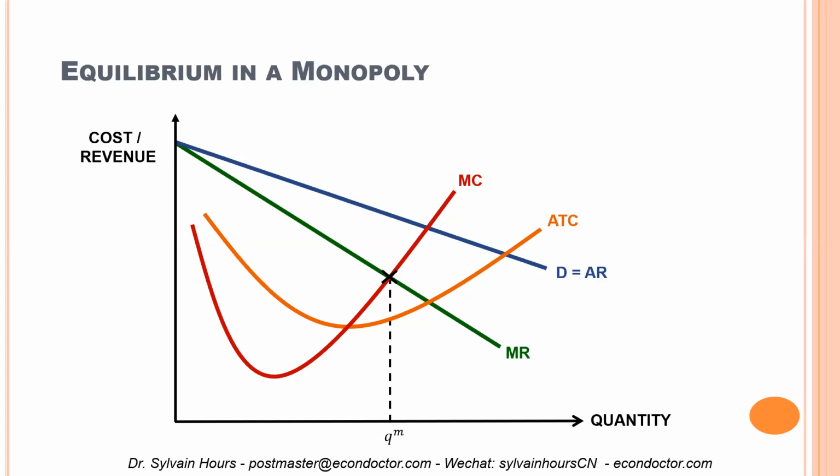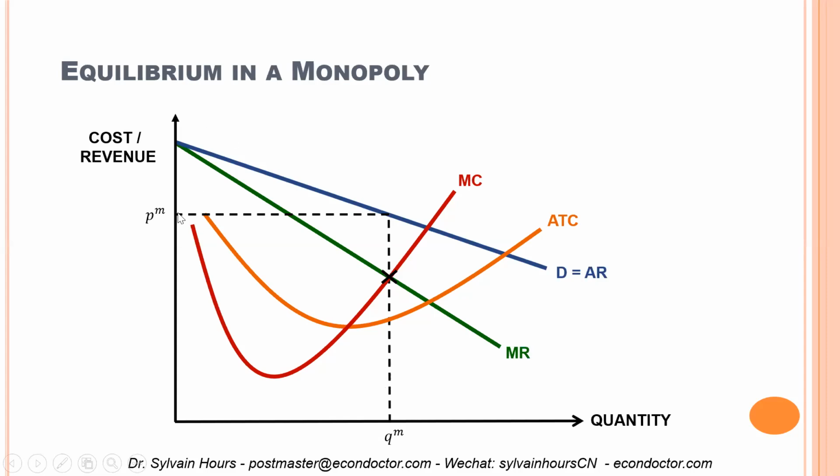In other words, what is the maximum price that buyers will be willing to pay to purchase this quantity? And the answer to that is the demand price at QM. It is by charging the price PM that consumers will demand exactly the quantity that maximizes my profit.